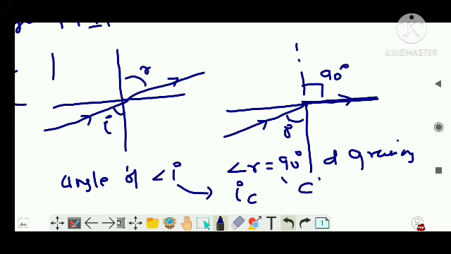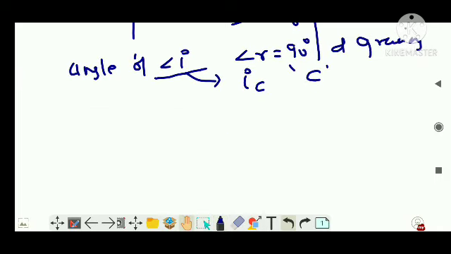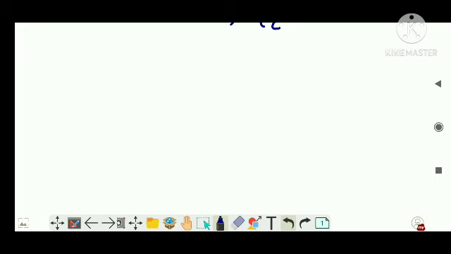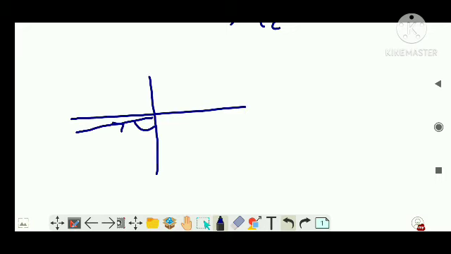So what is critical angle? The angle of incidence at which the angle of refraction is 90 degree and it is just grazing the surface or interface is known as critical angle. Now, if after this third figure I am still increasing the angle of incidence, that means now it cannot go further, so it will bend like this.